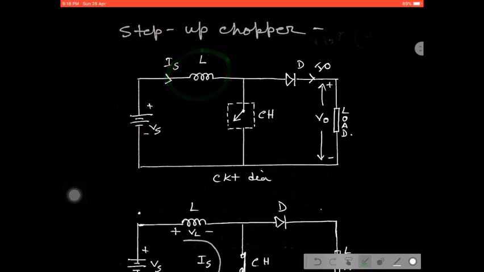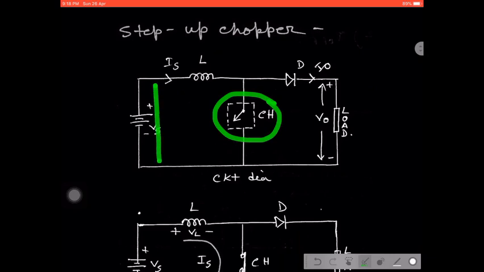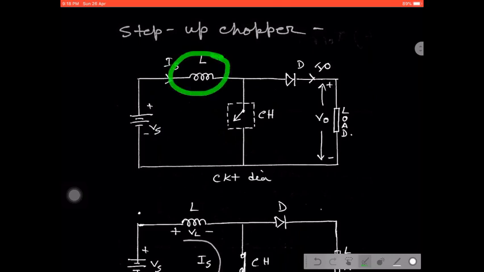Okay, and this is the circuit diagram for the step up chopper, where we are using the switch or thyristor across the voltage source, not just similar to before in series with the voltage source, and we are connecting an inductor in series with respect to supply, and a diode is there to block the voltage, maybe some charging or discharging path.